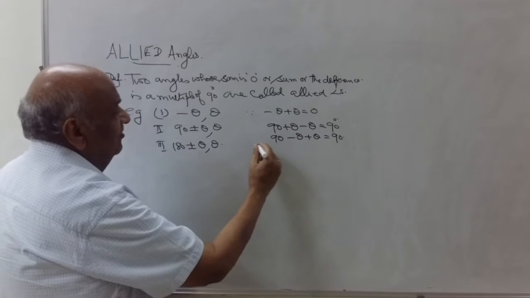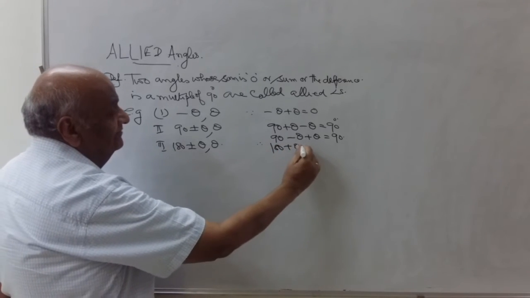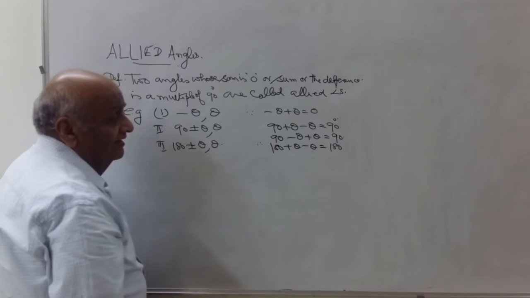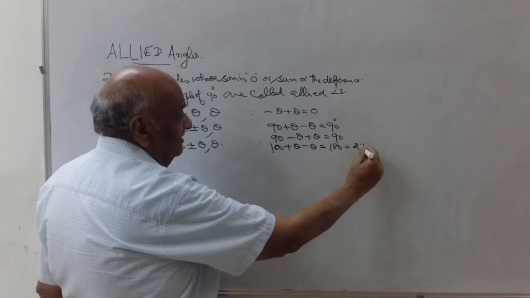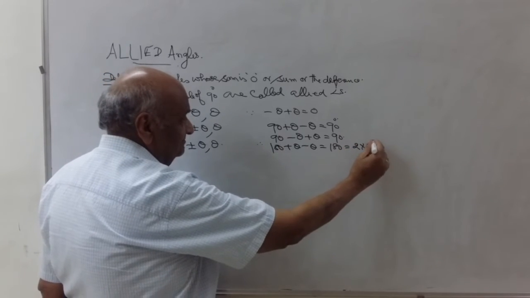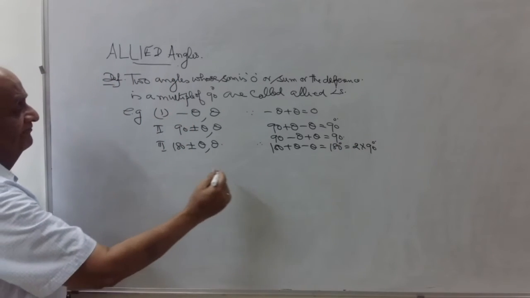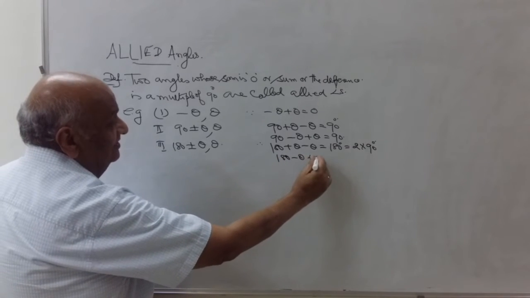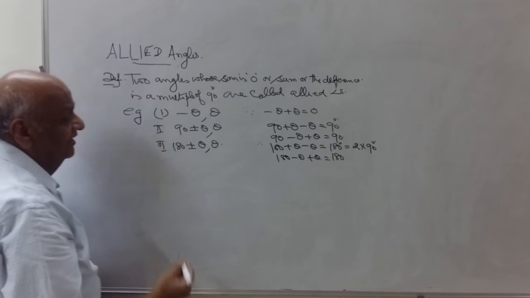Then we have similarly 180 plus or minus theta and theta. Therefore, because 180 plus theta minus theta is 180, I say multiple of 90, that is 2 into 90. Similarly, 180 minus theta plus theta, this is 180. Again a multiple of 90.